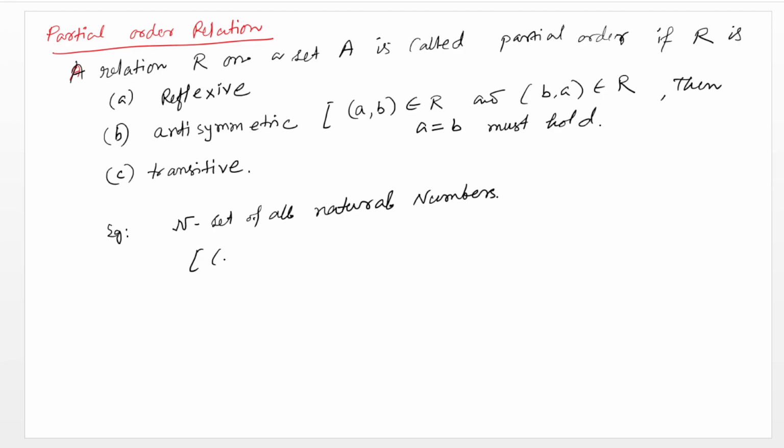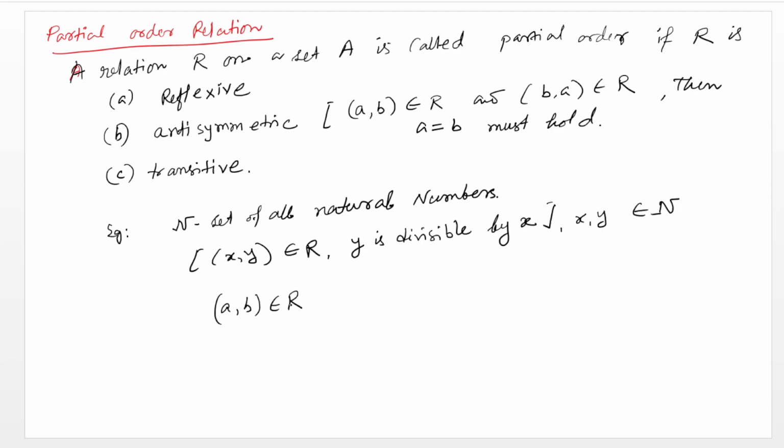And suppose the ordered pair (x, y) belongs to the relation R, and we define y is divisible by x, for x and y belonging to the natural numbers N. So now in this scenario, if (A, B) belongs to the relation R, it means B is divisible by A. Now (B, A) belongs to the relation R. Clear?